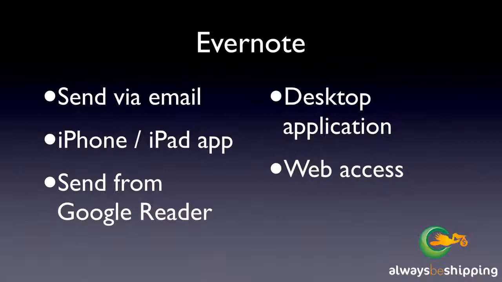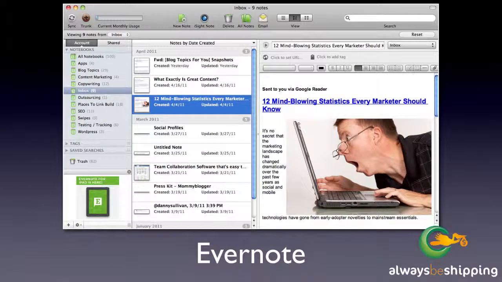So let me show you my Evernote account over here, so that you get an idea of how I'm using this. Remember when we talked about how sometimes you'll be in the process of curating content and you'll see some really fantastic article that you want to use as a jumping-off point for a full-length article for your own website or a full-length video for your own social media presence?